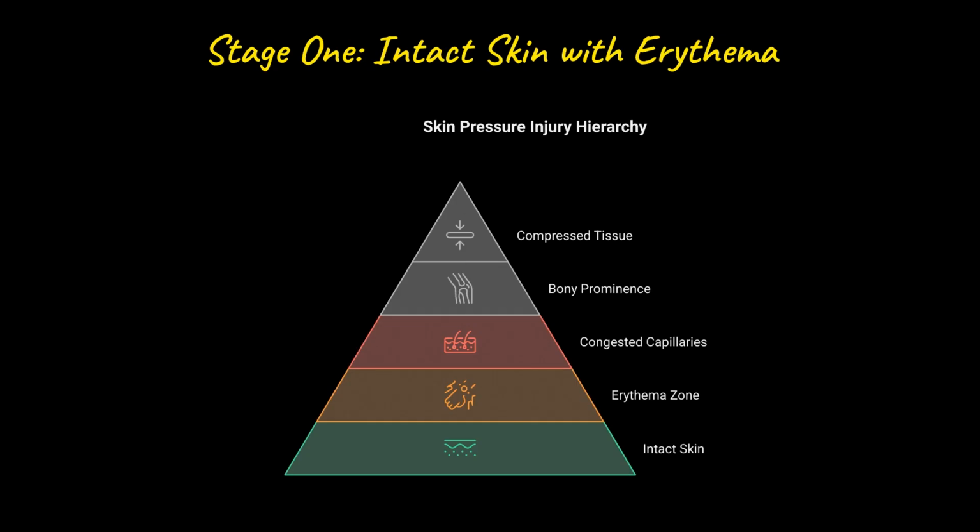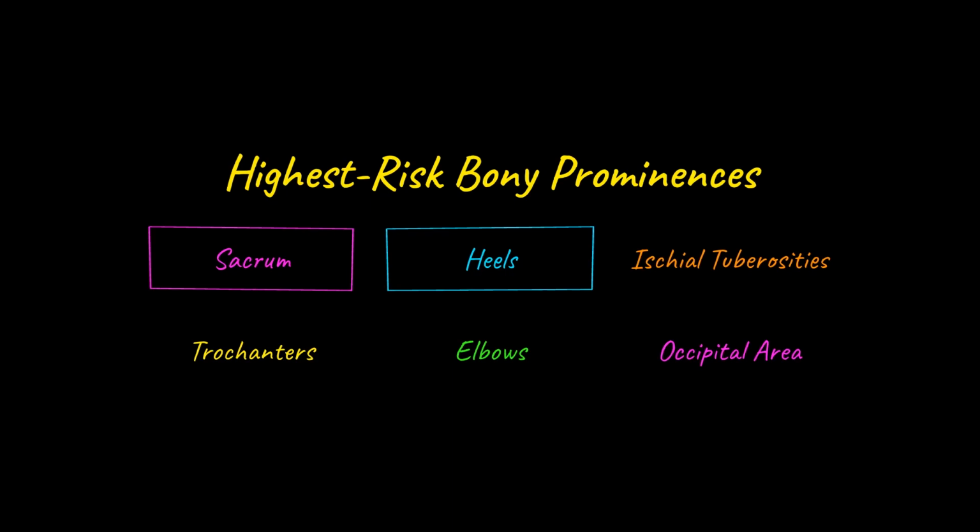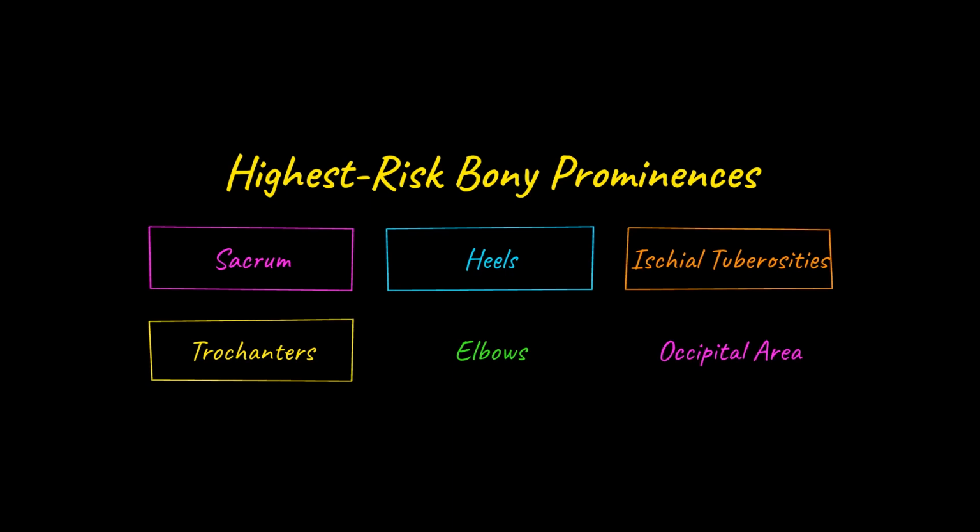When pressure exceeds capillary closing pressure long enough, blood flow stops, oxygen delivery falls, and cellular damage accumulates in that zone. The highest risk sites are bony prominences, the sacrum, heels, ischial tuberosities, trochanters, and elbows, where bone presses tissue against an unforgiving surface like a mattress or chair.